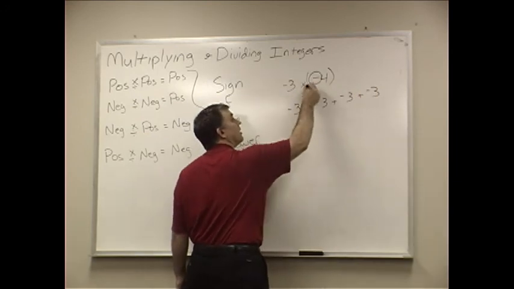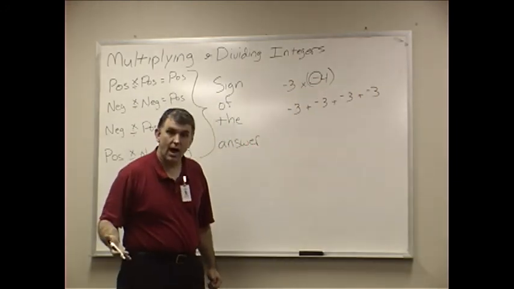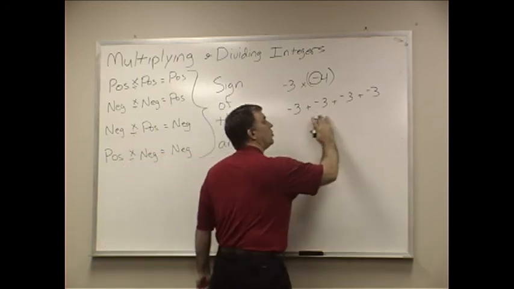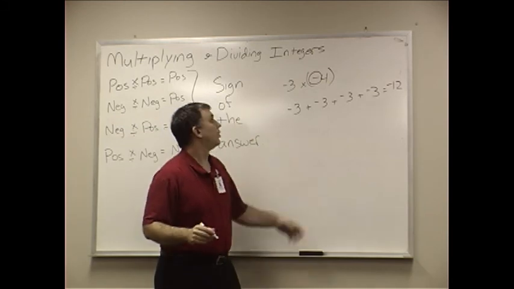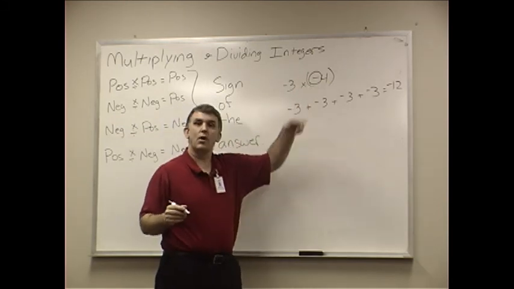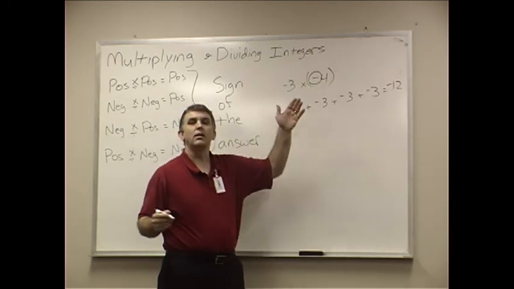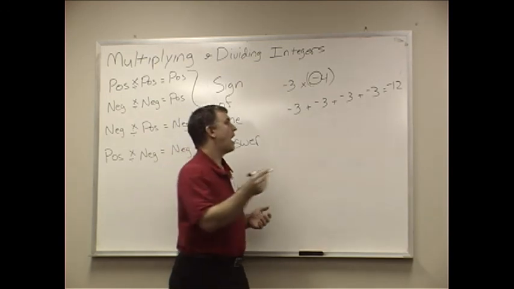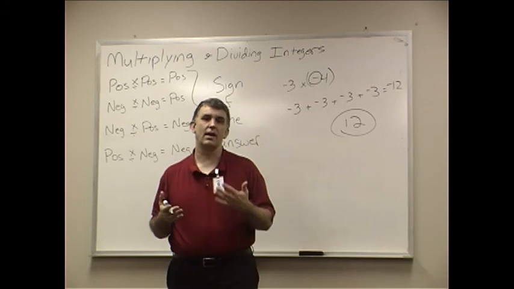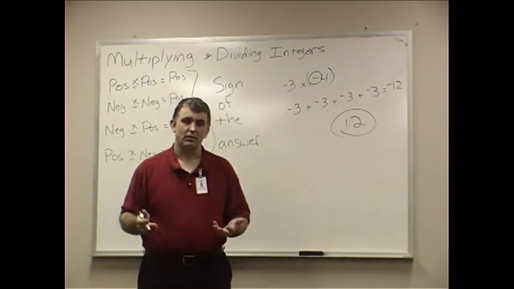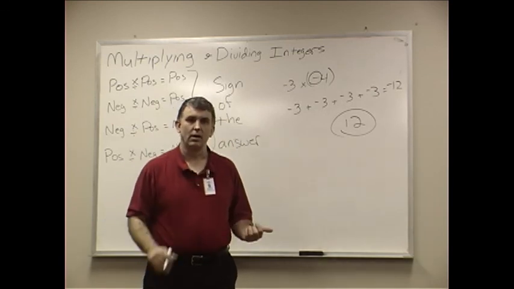But we're doing this a negative 4 times. Well, if you do this right here, you would end up with negative 12. But you're doing it a negative number of times. A negative negative is a positive. I admit that that explanation takes a lot of time and you really have to think about it.